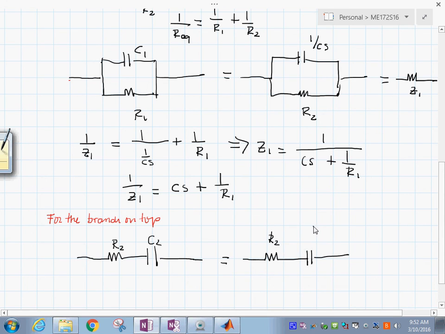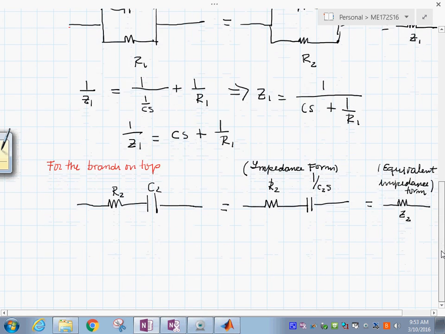So let's put in parentheses here, this would be the impedance form, the equivalent impedance form. And so if we write in the equations, Z sub 2 is going to be R sub 2 plus 1 over C sub 2 times S.